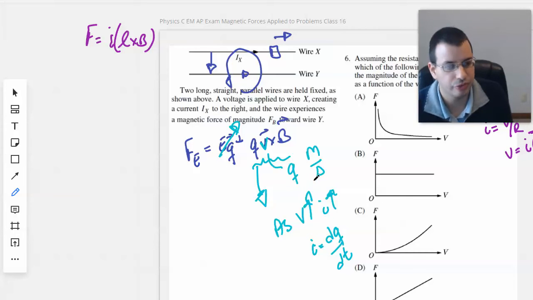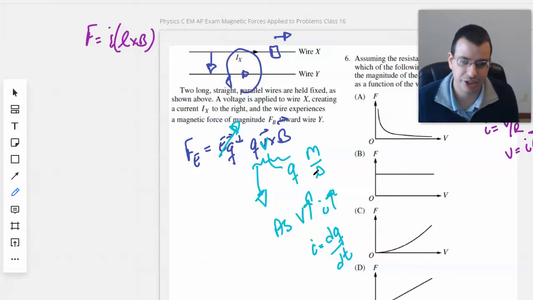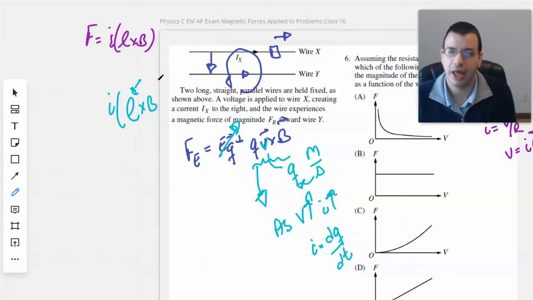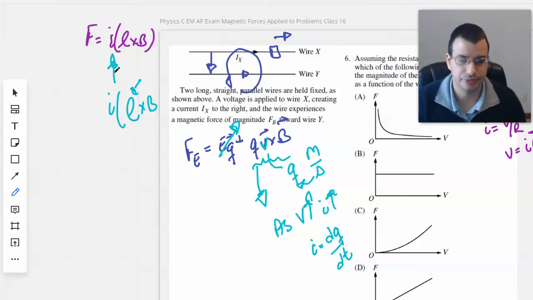Well, in terms of dimensional analysis, if you move this S over here, you're going to get Q charge per second, which is basically current. And then you're left with meters and magnetic field. So these two are very similar equations.